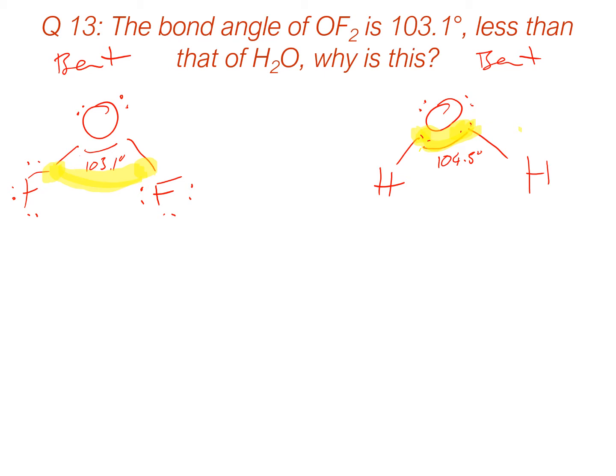So if we say the bonding pairs are kind of here, they're not going to repel each other so much because they're not concentrated around one central atom. They're more spread apart, and because they're further apart, the bond angle can be closer together, and these electron pairs still won't repel as much. So it's all to do with the electronegativity and therefore the electron density, giving the bonding pairs a bit more space to move in the case of OF2 than H2O.